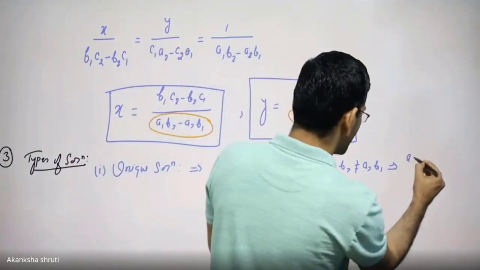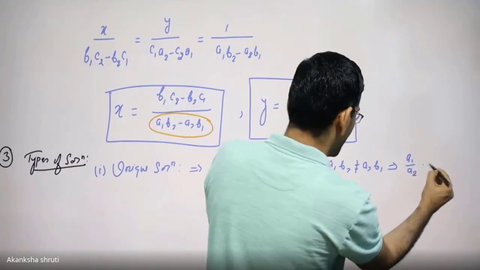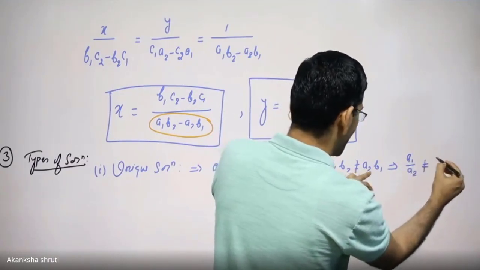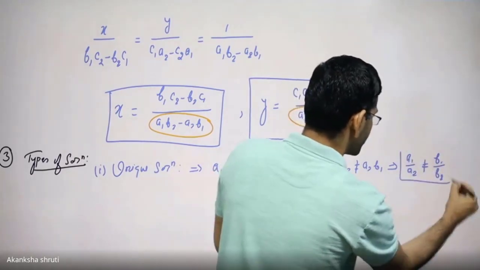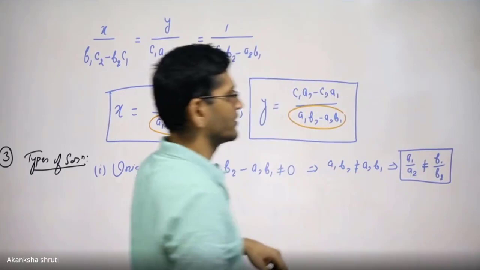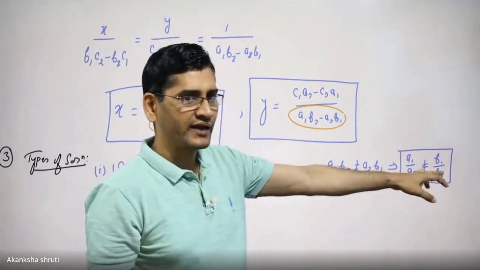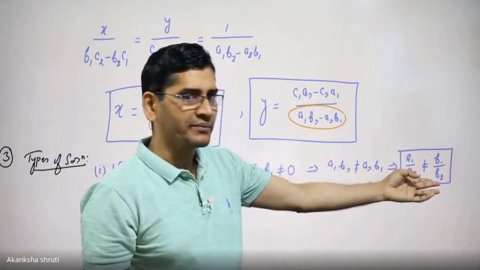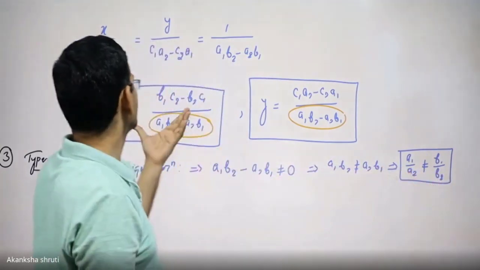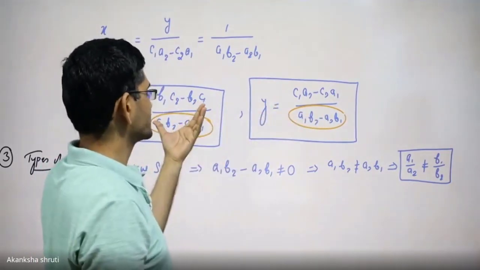Bring this a2 below a1, so a1 by a2 is not equal to b1 by b2. This we had remembered earlier. I had explained it with the help of a graph and also in the first lecture. So it is the same, and it can be obtained by this cross multiplication method.